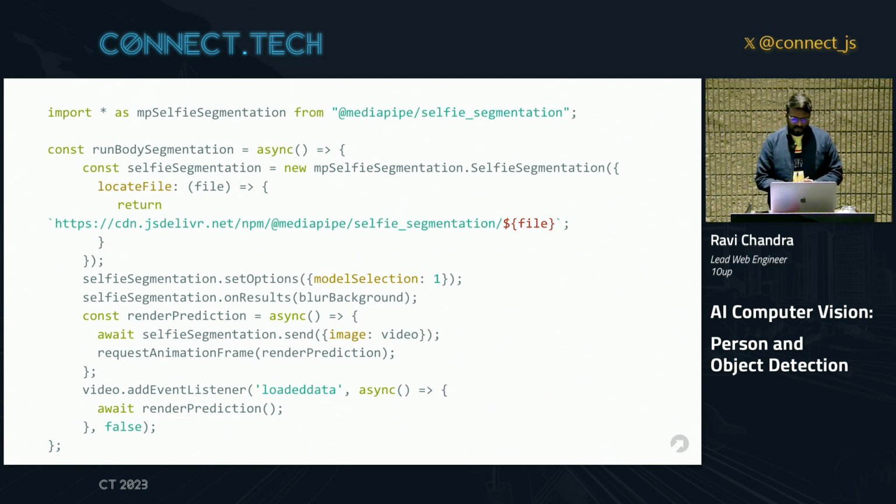Setting up the model, some of this we have already looked at. The major changes are after we call selfieSegmentation.send, we are again doing requestAnimationFrame and calling the same method itself, so that it keeps an infinite loop and we keep getting live results.